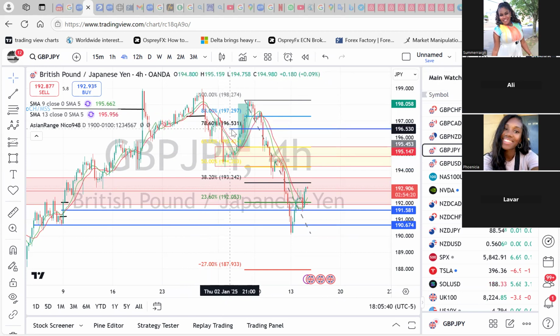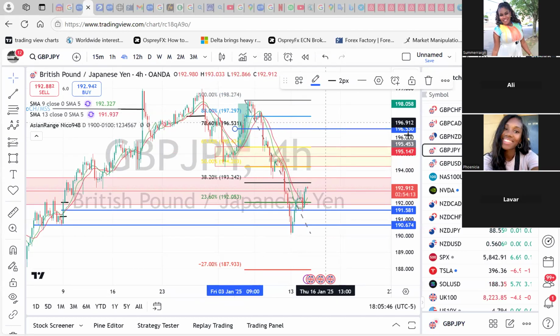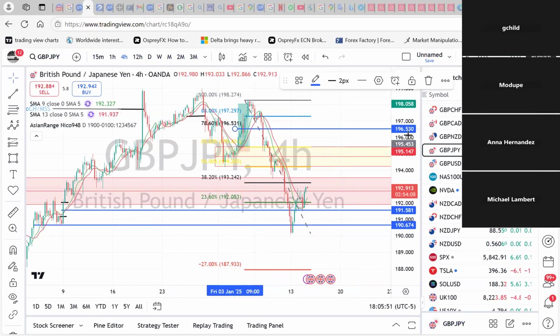Mi zona amarillo y mi 58. Okay, there's my 78. There's my golden zone.